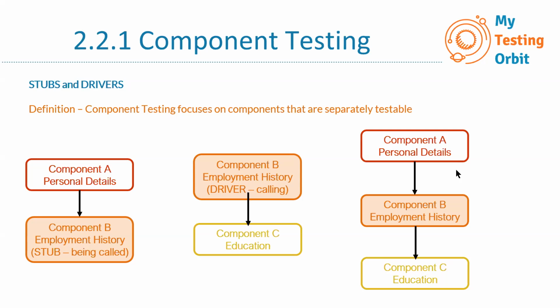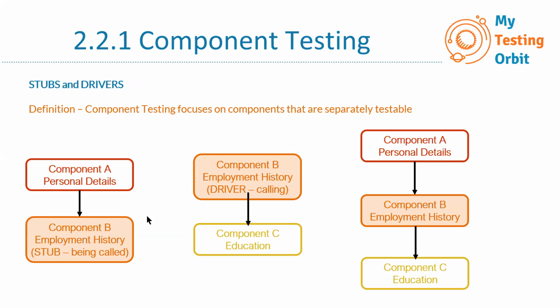So if these kinds of criteria or functionalities are there, it's just an example, it means that we need something from component B in order to test over here. Then we don't need to build the entire component, and maybe we can just define one variable over here, beginning of employment journey, and that variable can be called over here. So it can be as simple as that.